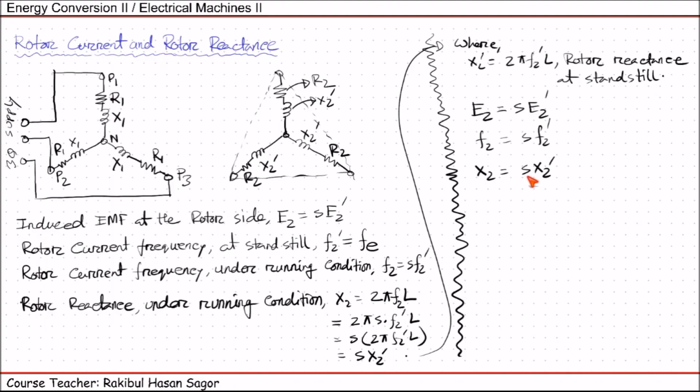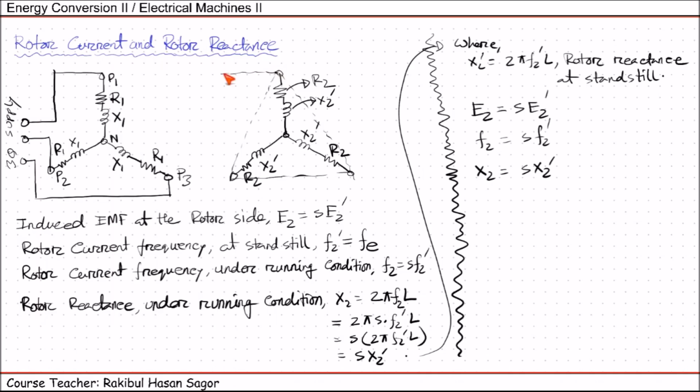For all cases, S denotes the slip. As both in the stator side and the rotor side we have balanced load, we are considering the induced EMF, reactance and all other values for per phase case.